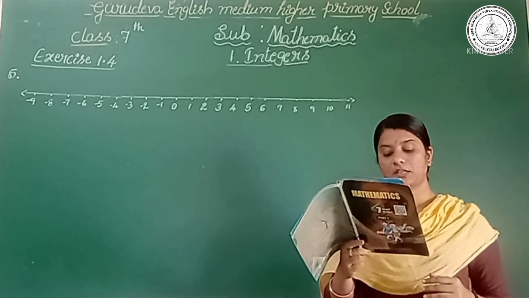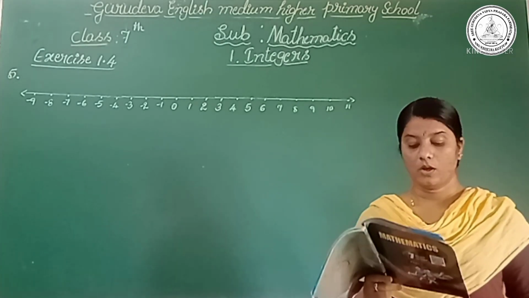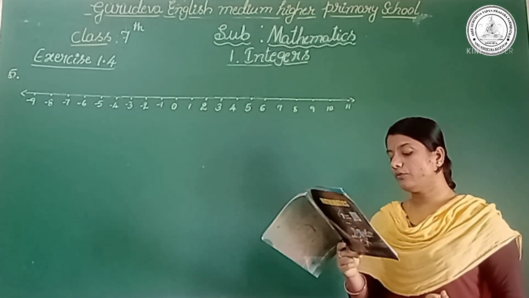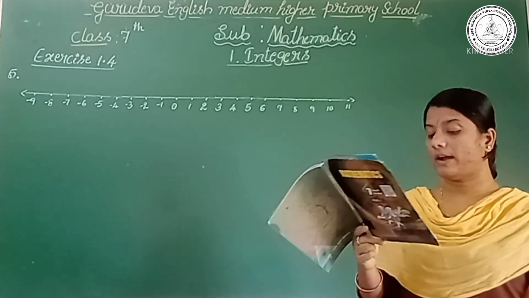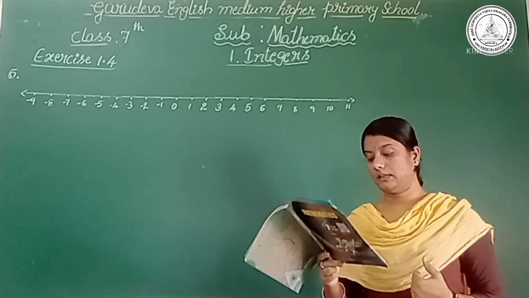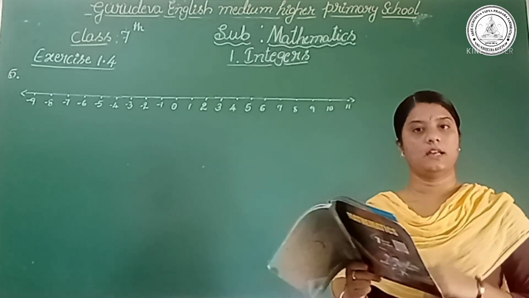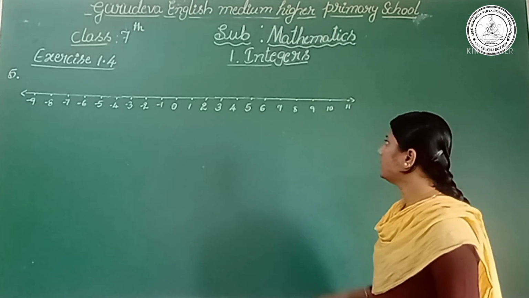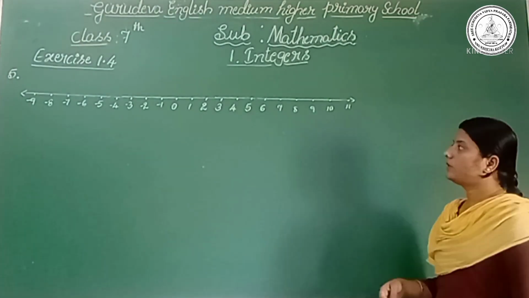So what would be the temperature at midnight? Okay, so here what we have to find out: first we have to find at what time the temperature would be 8 degrees Celsius below 0, right? So you may see here, I have drawn a number line.